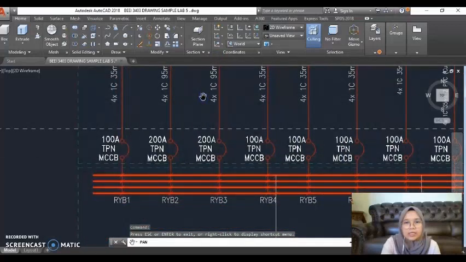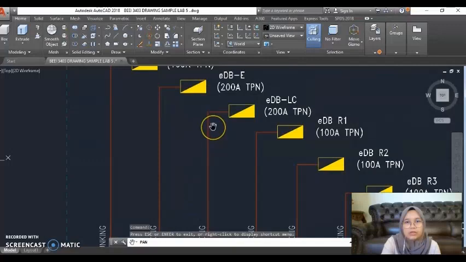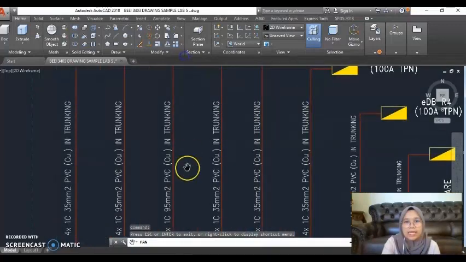And the next one is RYB3. The rating current for the MCCB is 200 ampere with the cable size of 4 times 1C 95 mm square PVC, and the outgoing switchgear is EDBLC 200 ampere TPN.